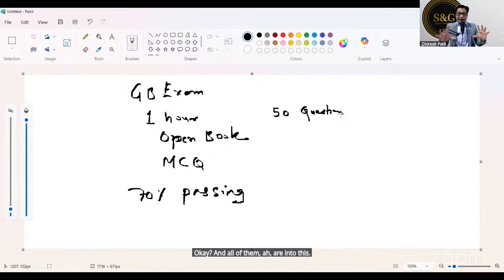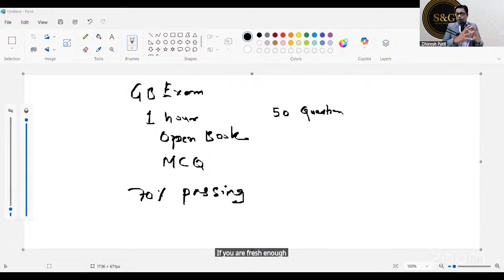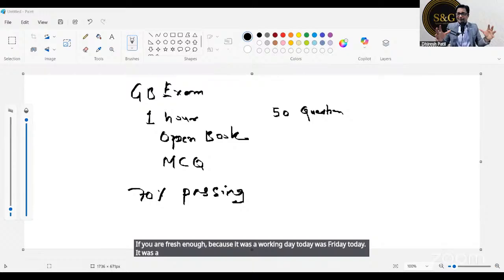Now, if you are ready, if you have gone through the content, you just have to send the message. My recommendation is this: if you are fresh enough, because it was a working day today, it was Friday, you have been through the entire day working, traveling, then you attended almost 3 hours of session today.